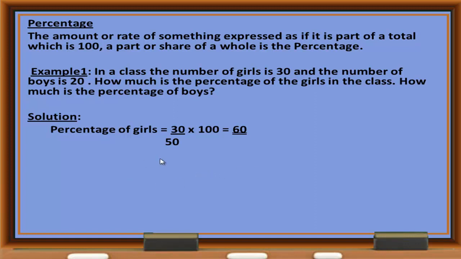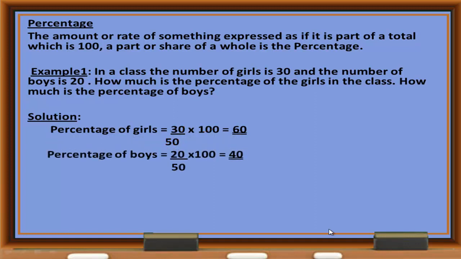Then we calculate it. This 0 will be cancelled with this 0. By 5, 1. By 5, 20. 20 times 3 is 60.